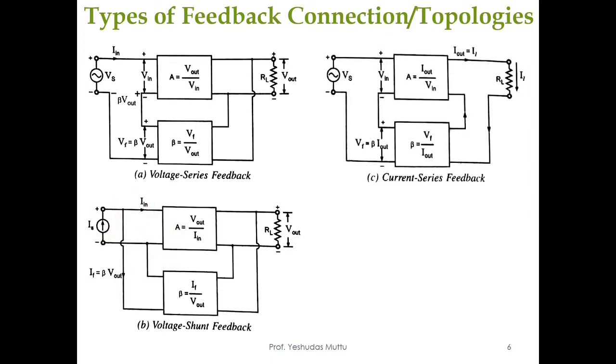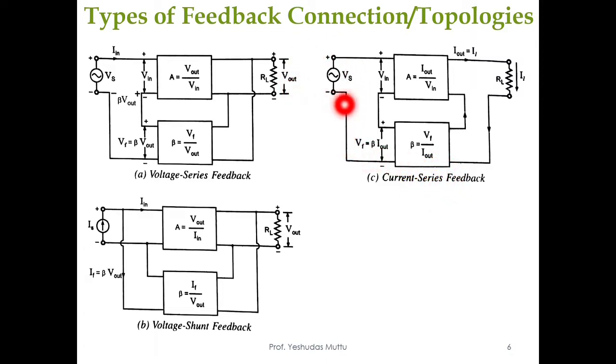Let's move to the next type, current series feedback. Again, this is output, this is input. Output is current. How do we measure current? In series. That is the reason you have series connections over here, and not shunt. Then series is the input term. Which source is connected in series?